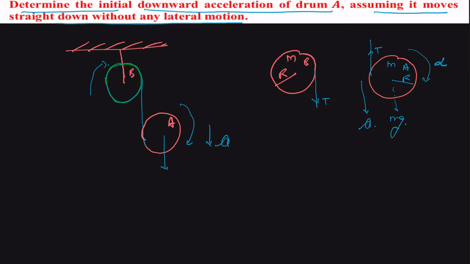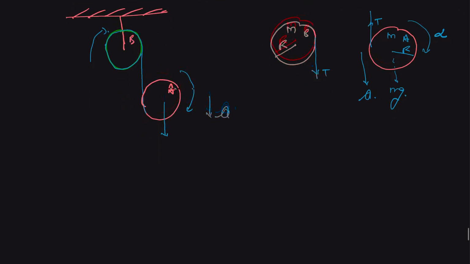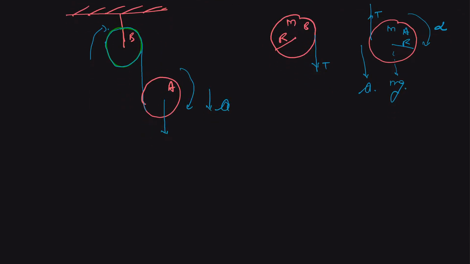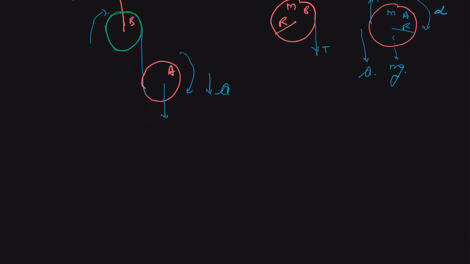First of all, we are going to find out once again the constraint relationship between the two. In this case, we are going to find the constraint relationship using a little bit traditional way, because normally we assume that if one of the blocks moves by a distance x, then we use that x for the other part also.